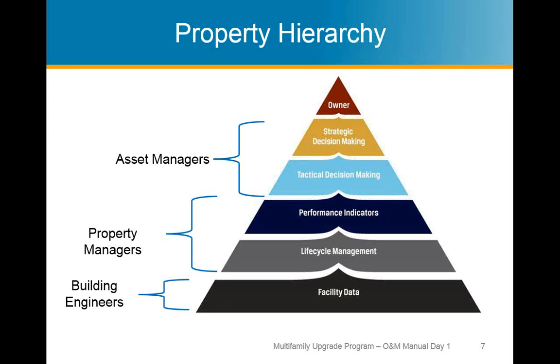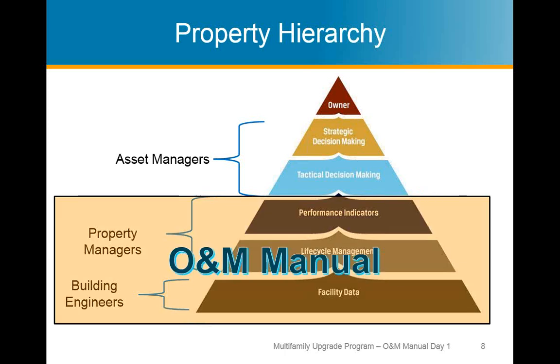So the ownership manual sort of blankets the lower half of this pyramid. It is intended for property managers and building engineers to have a guide for how to operate their property over the life of their involvement, of the life of the ownership of the property in an effective way.